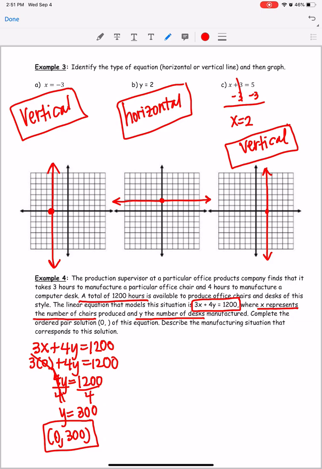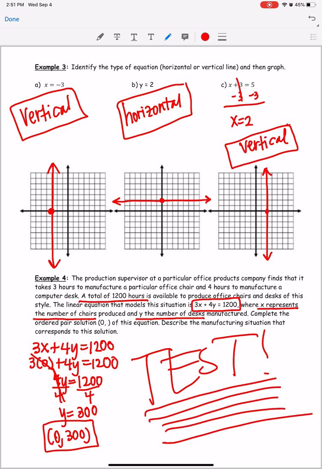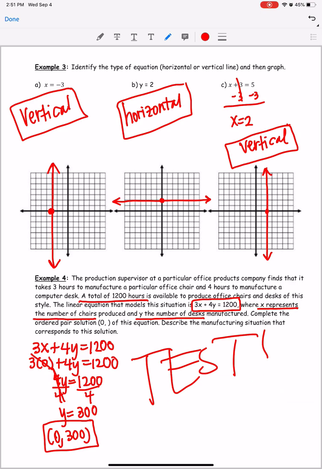Now we have to describe the situation that's corresponding with the solution. I'm just going to give you a little hint. This is a test question. Here's what I'm looking for when you give me the answer to this. There are 3 different components and I need to know about all 3.